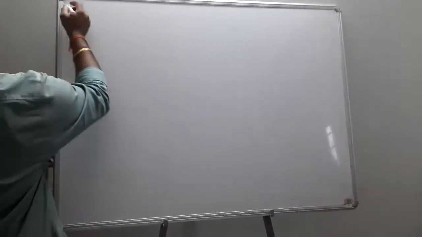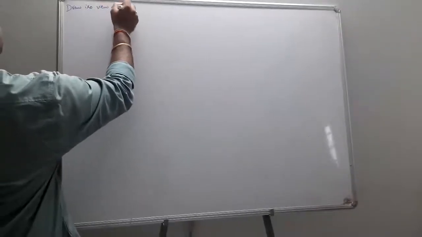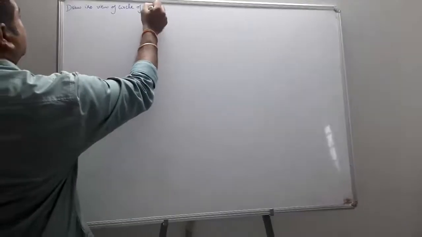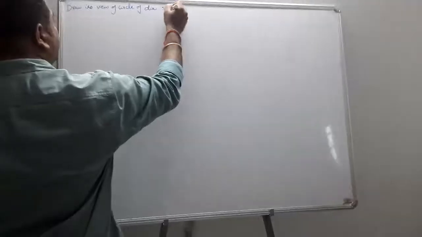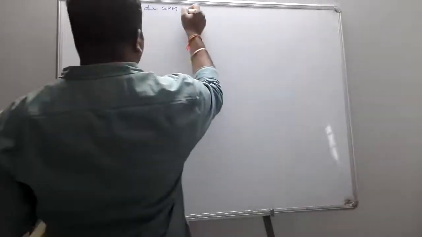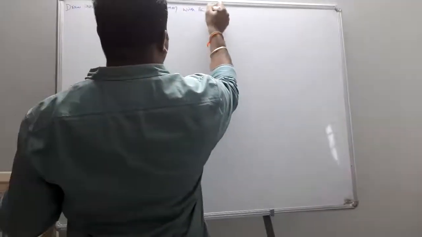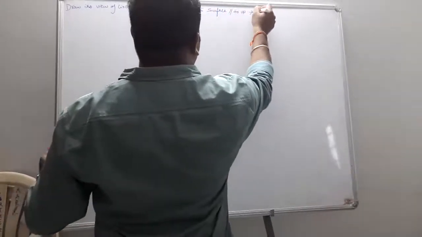Next, let us see the circular plane. Draw the isometric view of a circle of diameter 50 mm with its surface parallel to VP and parallel to HP.